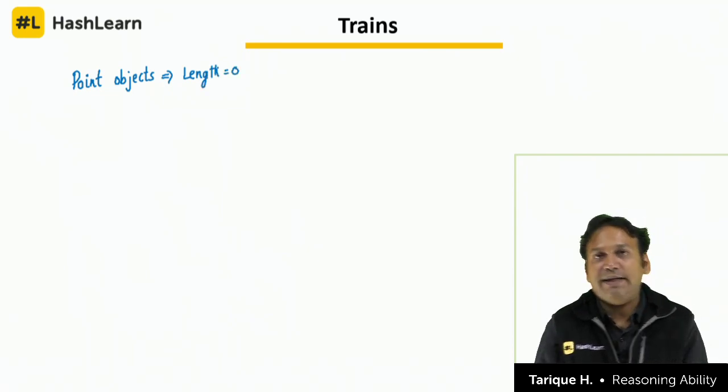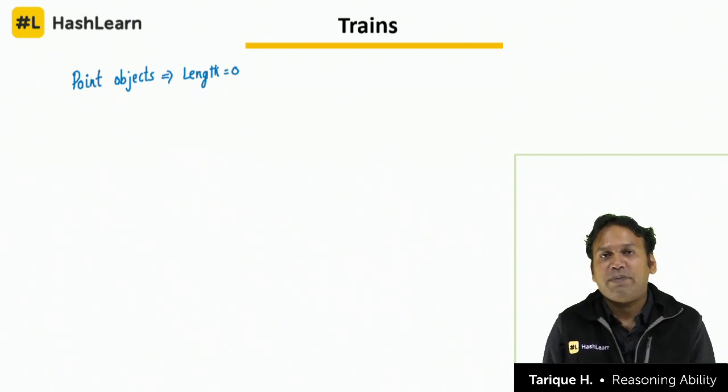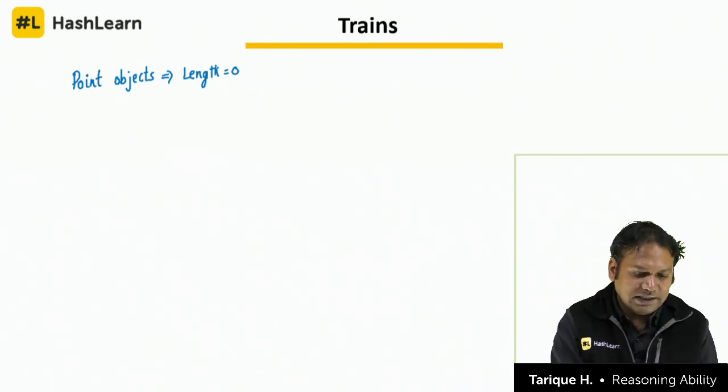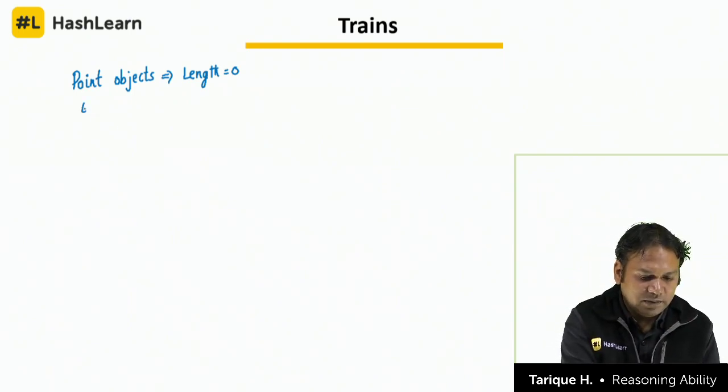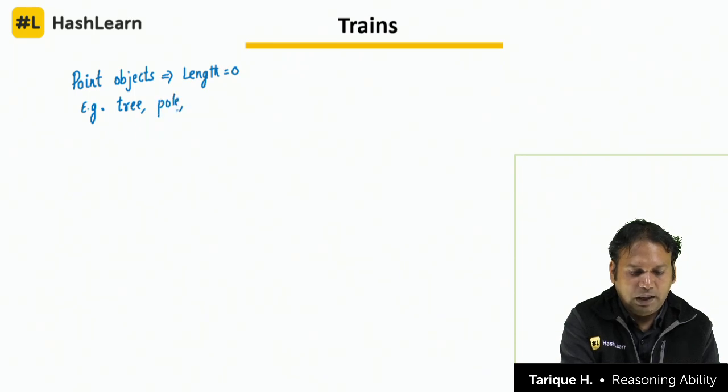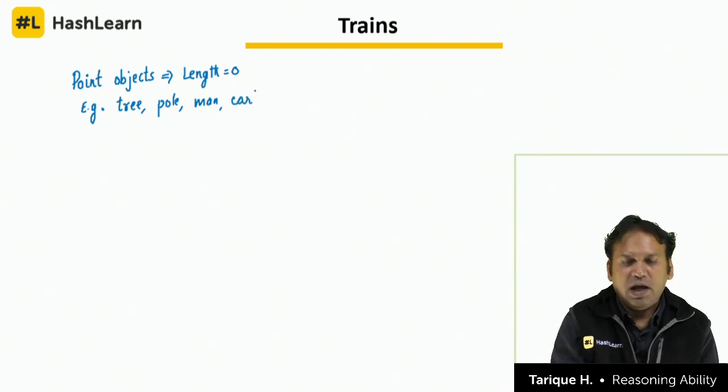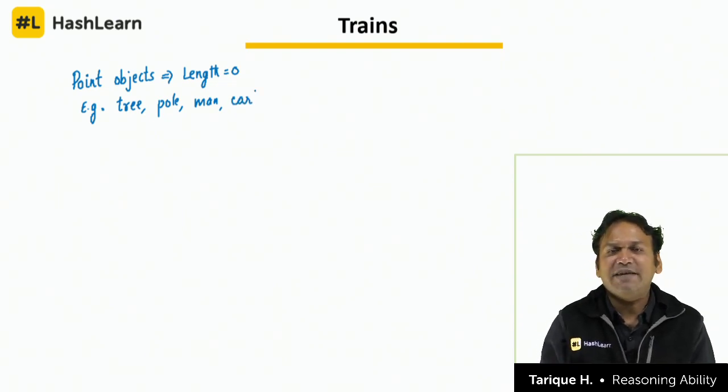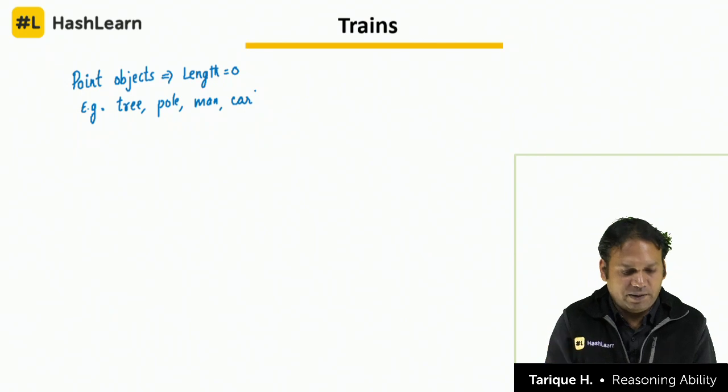The length is negligible compared to a train. Clear? Point objects have length 0. Examples: a tree, an electric pole, a man, a car. All of these are examples of objects which have negligible length compared to a train.